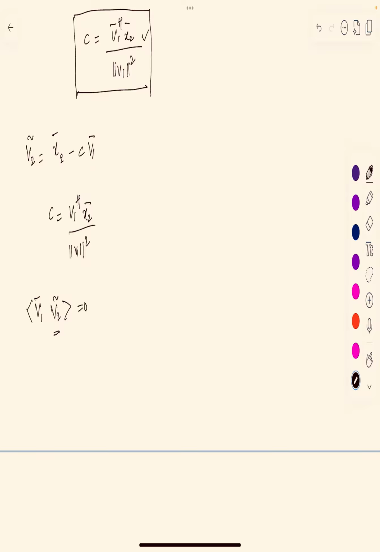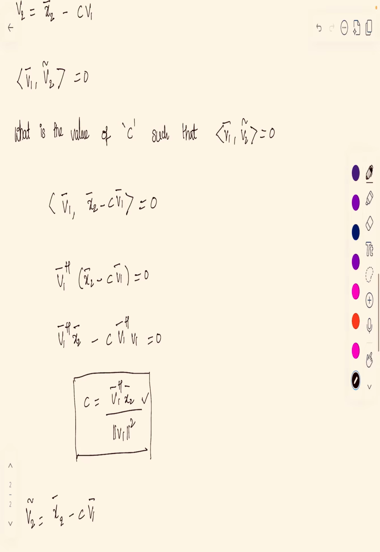Okay, and I'll follow the same notation as we did for V1 bar.